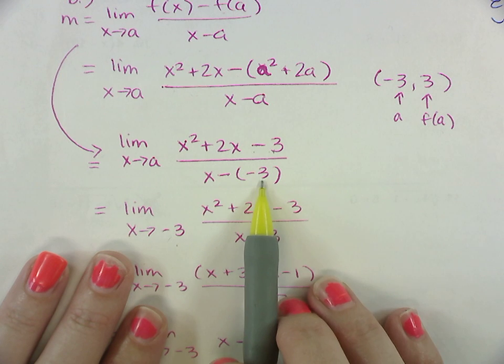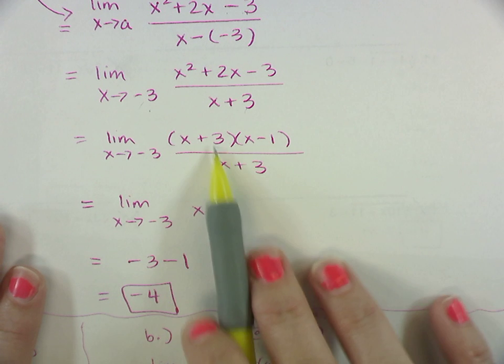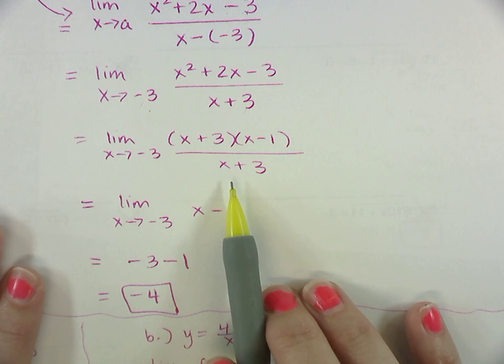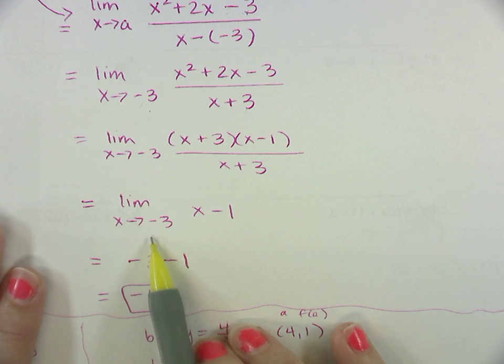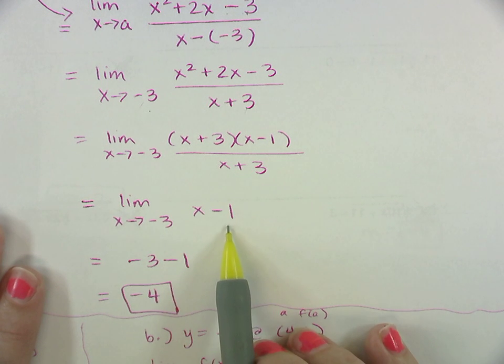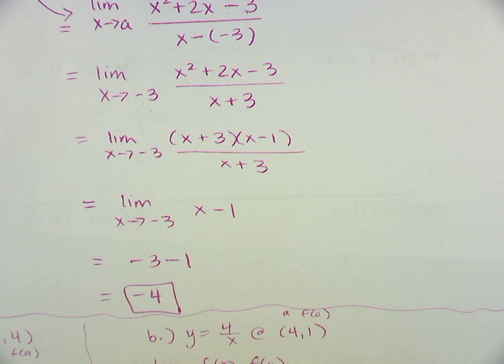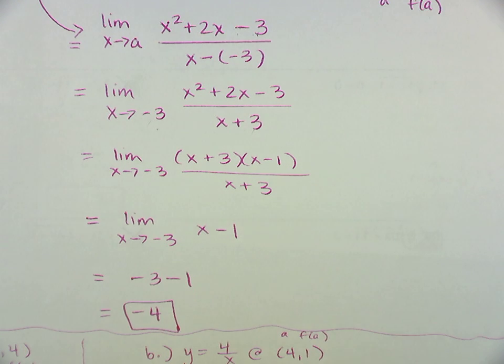So if I plug in negative 3, any place there's an a, x minus negative 3 will be x plus 3. You could end up factoring this, and once you factor, you'll have a common factor. This will be the limit as x approaches negative 3 of x minus 1. And so now I can substitute in negative 3, and I'll get negative 4, which again is exactly what we got in part B. Okay, so you could do those either way.